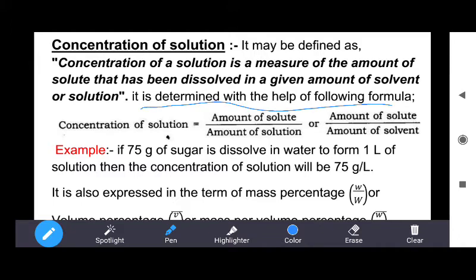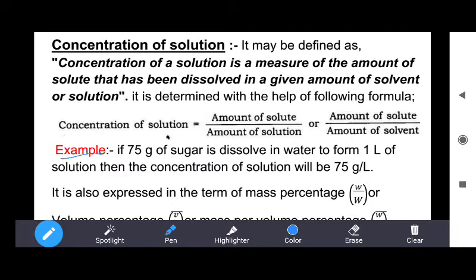It is determined with the help of the following formula. The concentration of a solution is equal to the amount of solute upon the amount of solution, or we can say the amount of solute upon the amount of solvent. You can take solution or solvent, both, to express the concentration.